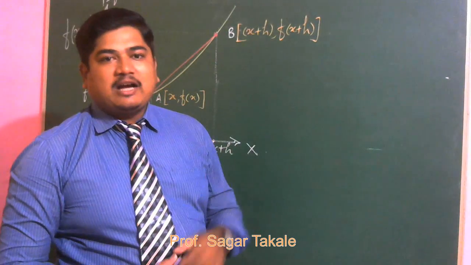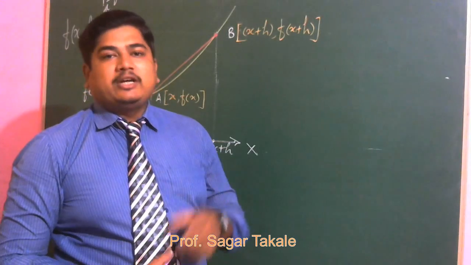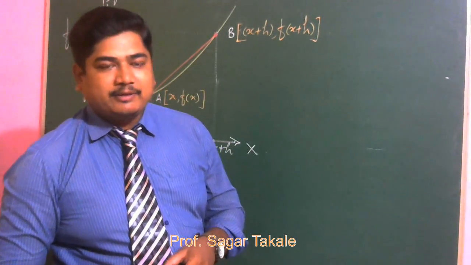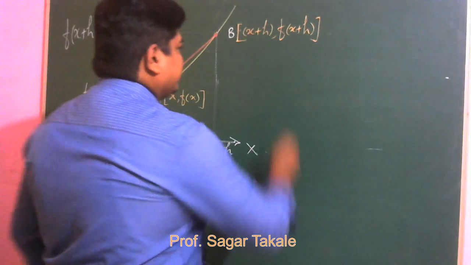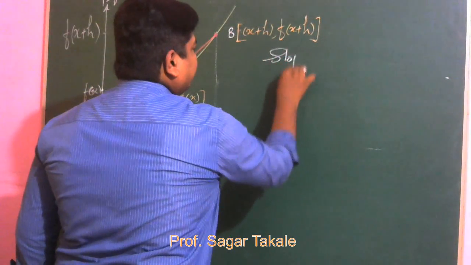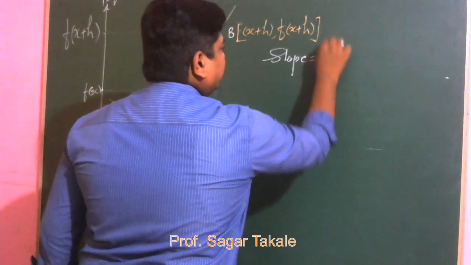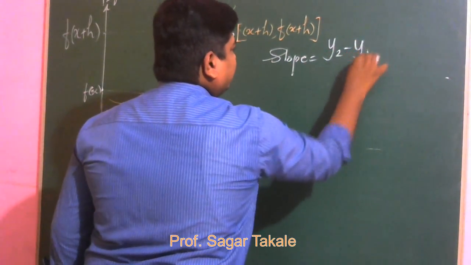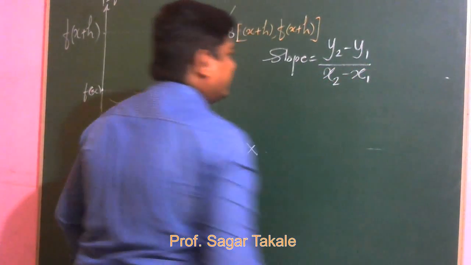Yes, definitely, because you have both coordinates of points A and B. With the help of the two-point form, we can get the slope. Now tell me, what is the formula for slope? Slope is y2 minus y1 upon x2 minus x1.